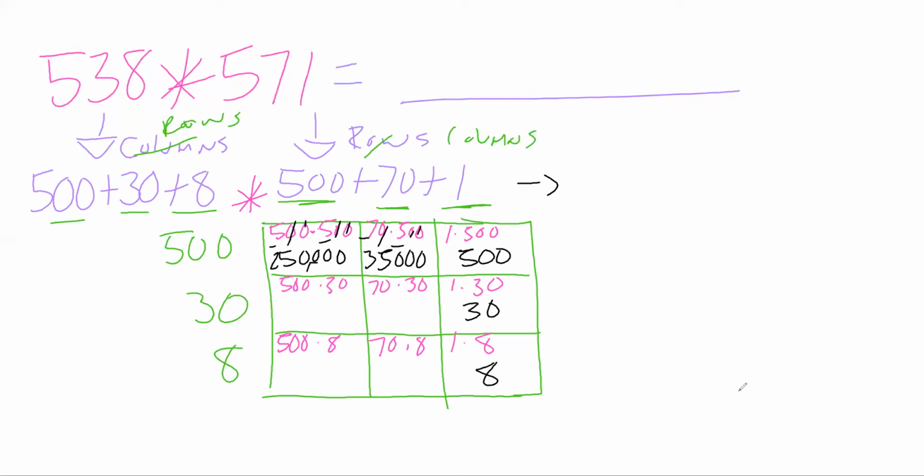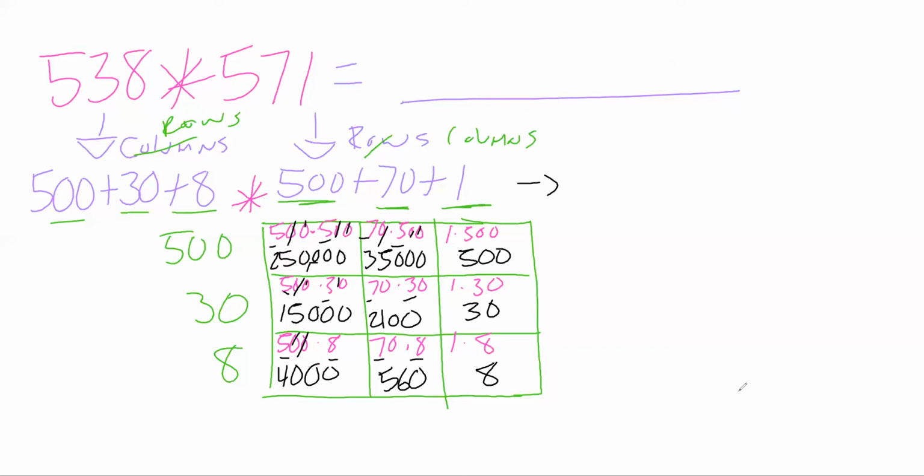Those are just 1 times that number. 5 times 3 is 15, and 1, 2, 3 zeros. 7 times 3 is 21, and 2 zeros. 7 times 7 is 49. 7 times 8 is 56, and 1 zero. 5 times 8 is 40, and then 2 zeros.